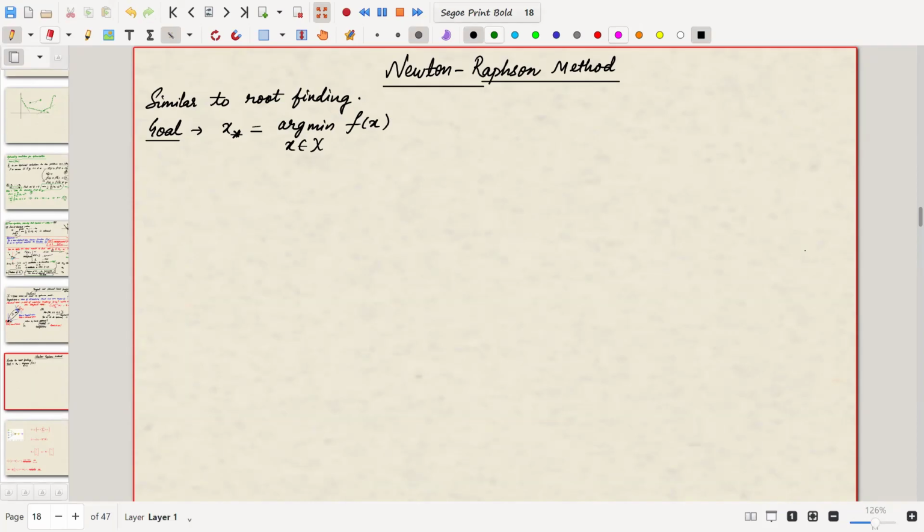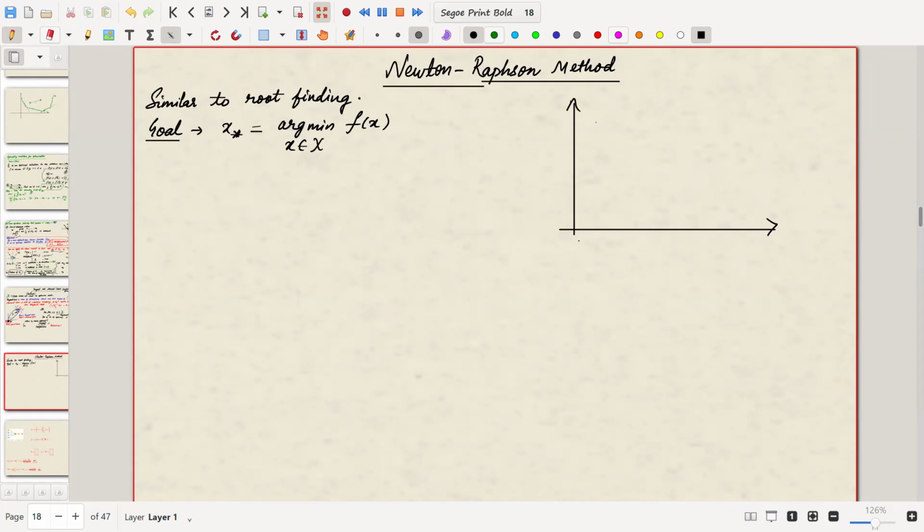Okay, let us look into this problem geometrically, like we did in the previous semester for Newton-Raphson. The same thing we will do here.